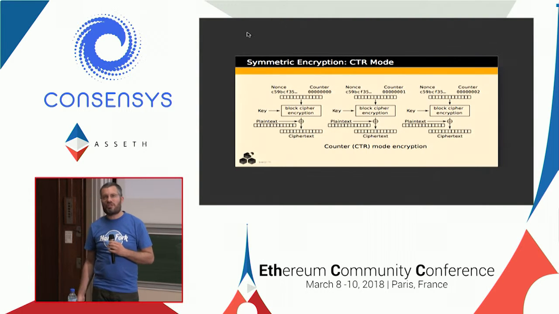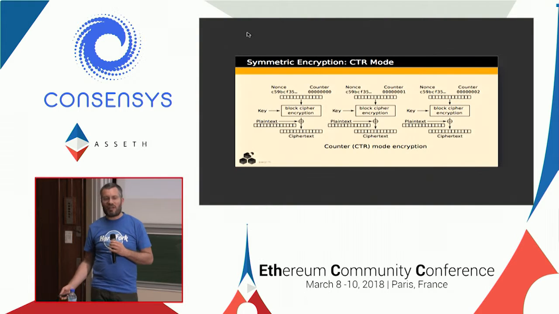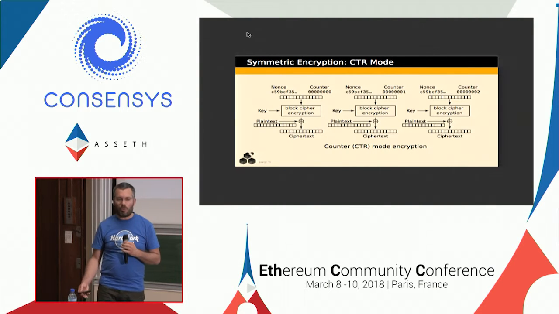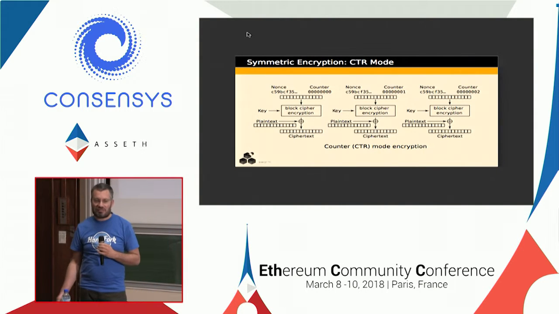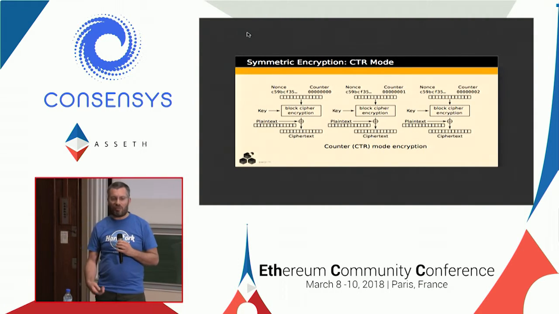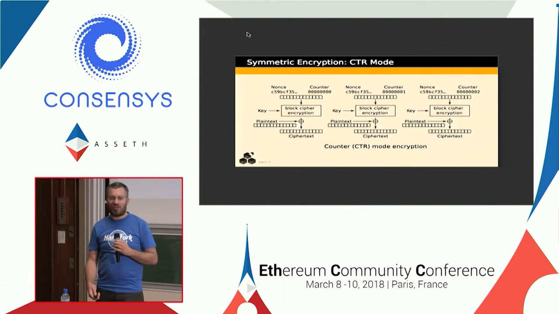The only property that we use is the one-way function nature, the random oracle nature of the block cipher, namely that given the output, it is hopelessly difficult to find a matching input consisting of both the key and the actual input of the block cipher, which in this case is the nonce and the counter.